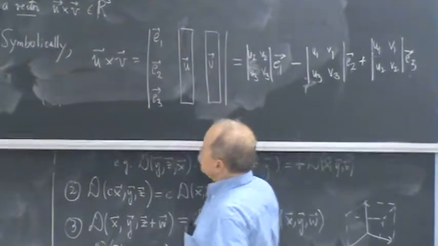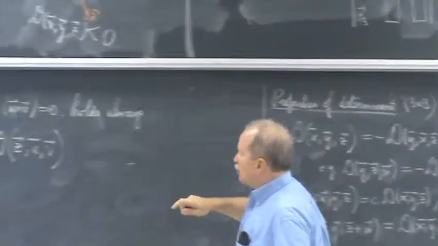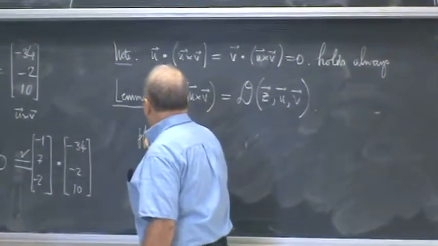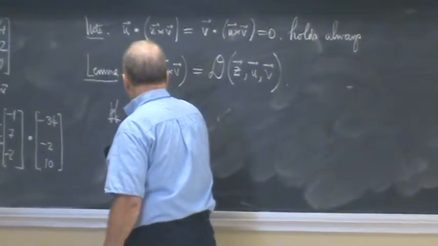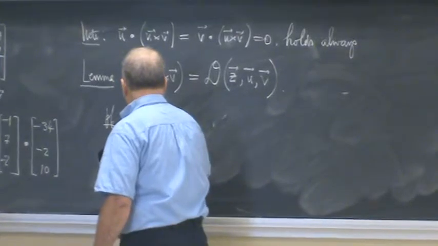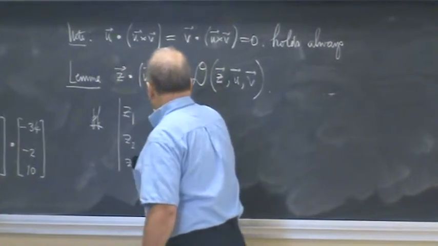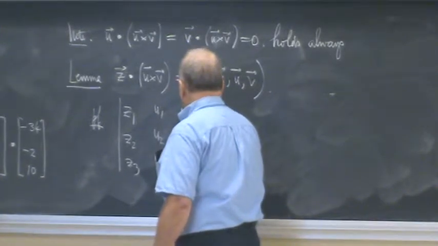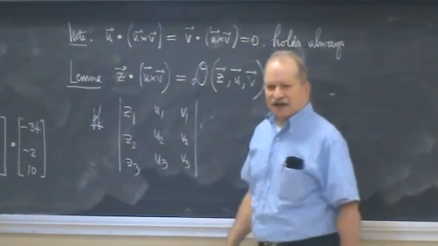What if I put z in the first column of my matrix? I would have z here, and then u, and then v. And so what would I get?